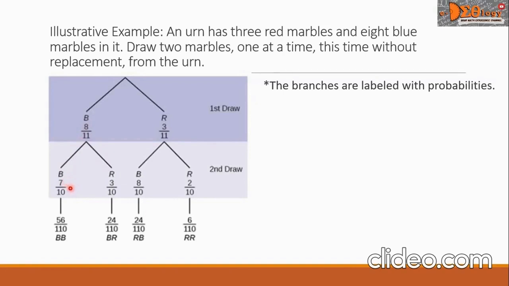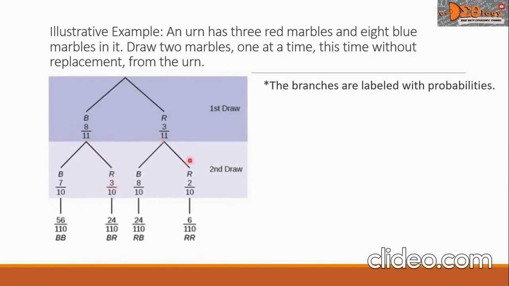Also, before the total is 11, since we are not returning that first marble, so 11 minus 1 becomes 10. So this is 7/10. The second branch here represents the probability of taking a red marble. There are 3 red marbles over 10.